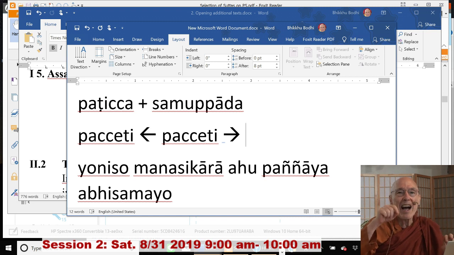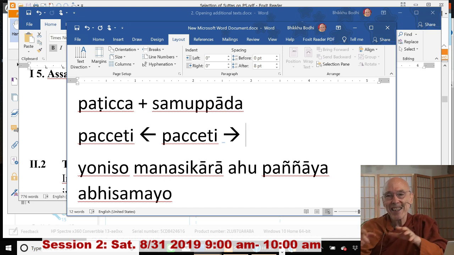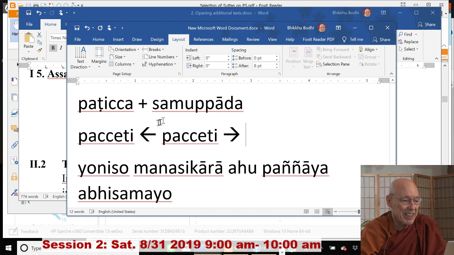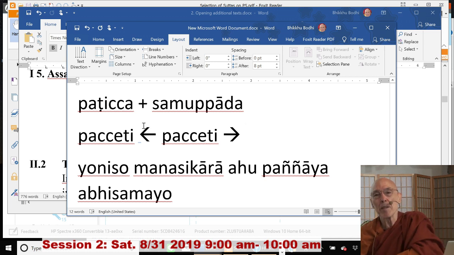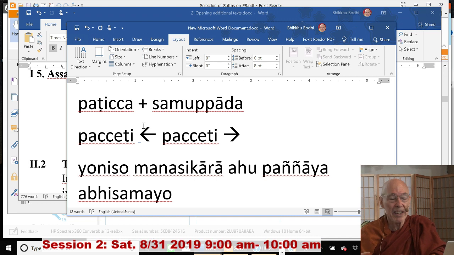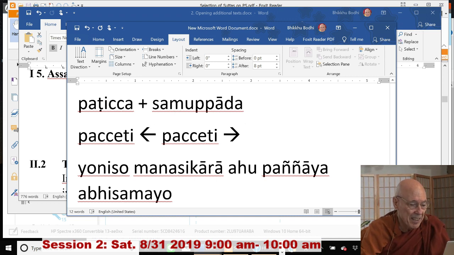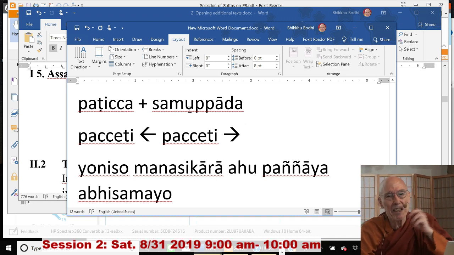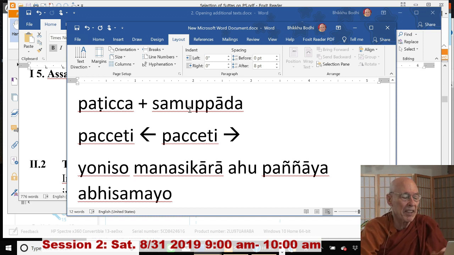But if I say, having gone to the store, I bought some bread, having gone would be the equivalent of an absolutive in Pali. So paticca is having depended upon. Literally, it's having depended upon. And so we translate it rather freely in English as dependent, but literally it's having depended upon.